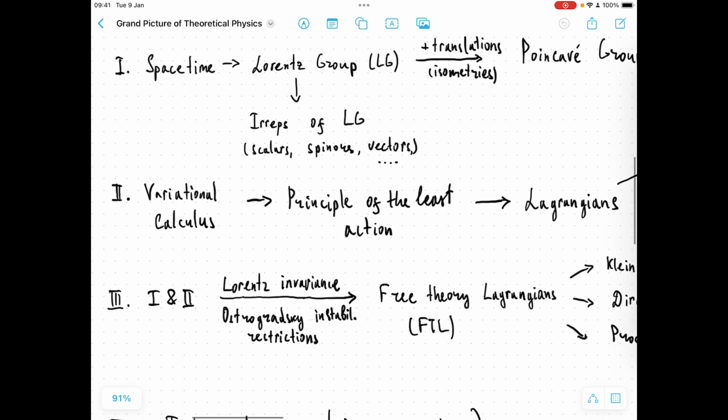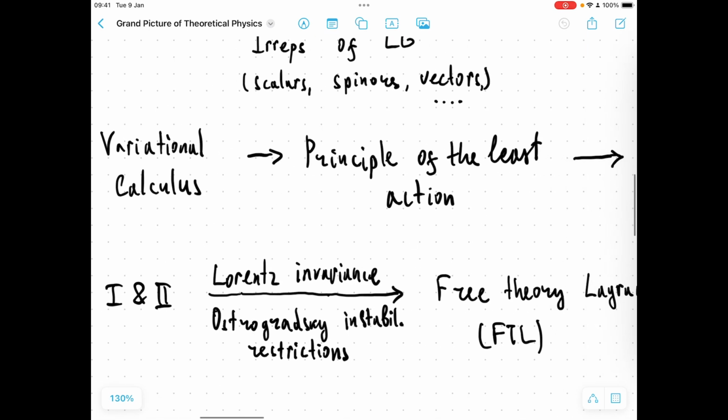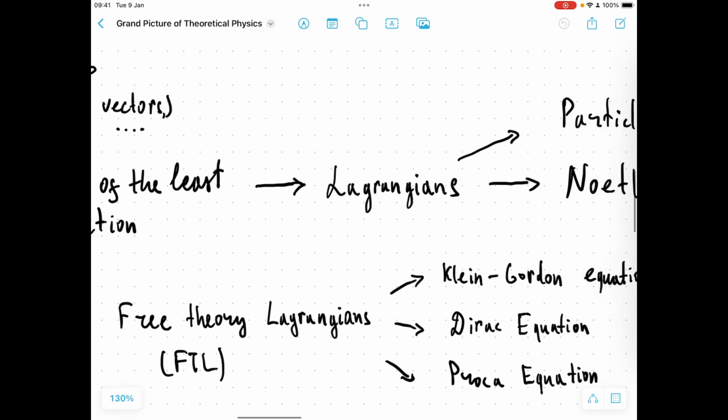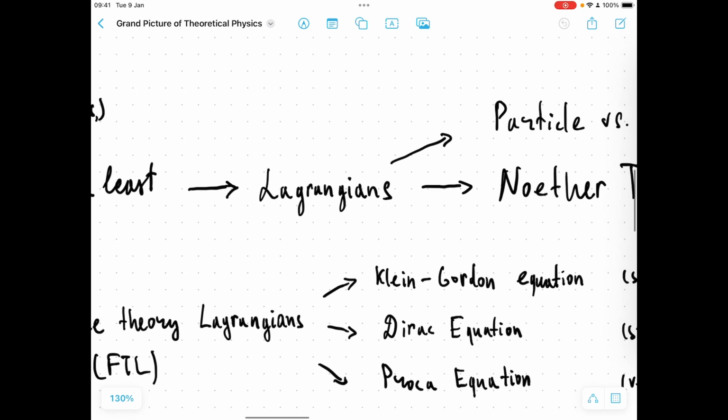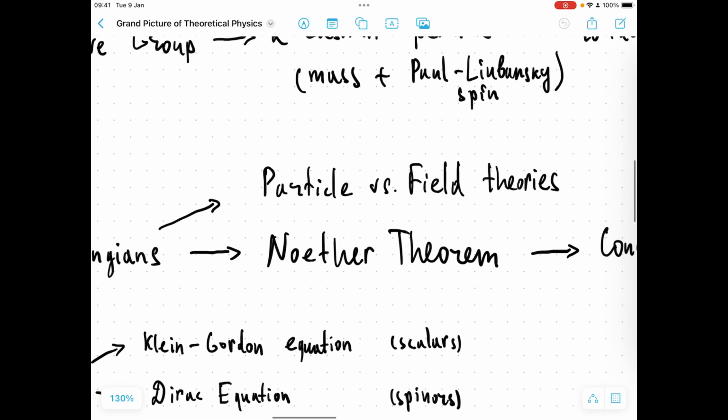In the next chapters, Jacob talks about variational calculus, the principle of least action, and from that we get our Lagrangians, or actually Lagrangian densities. He also talks about particle versus field theories. Quantum mechanics, for example, is a particle theory: we start with a system of some fixed number of particles, and that number cannot change.